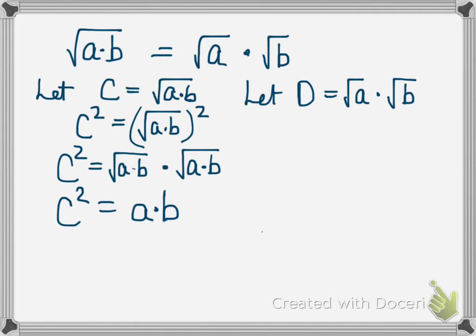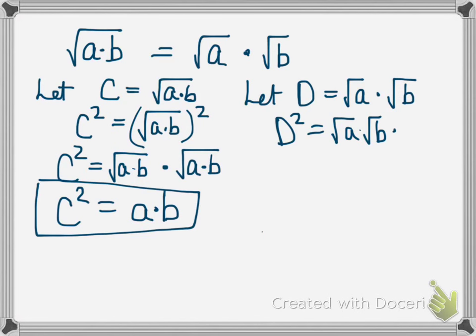Let's square D. Okay, what is D squared? D squared is equal to all of this stuff over here squared. So I'm going to say square root of A times square root of B times that again, square root of A times square root of B. Okay, now I'm going to rearrange these things.